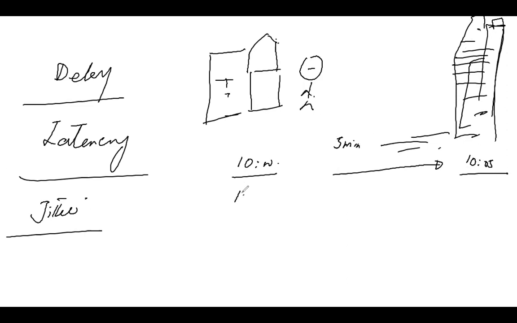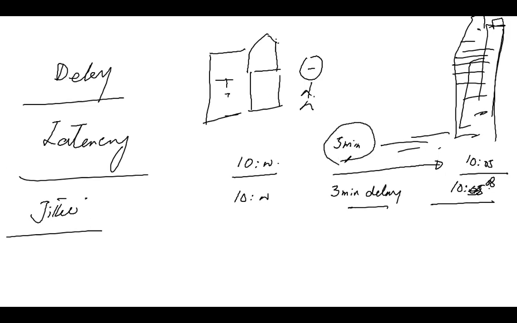For example, if he starts his travel at 10 a.m. and reaches here at 10:08, here you can see there is a 3-minute delay. The normal time is 5 minutes and the delay in this case is 3 minutes.